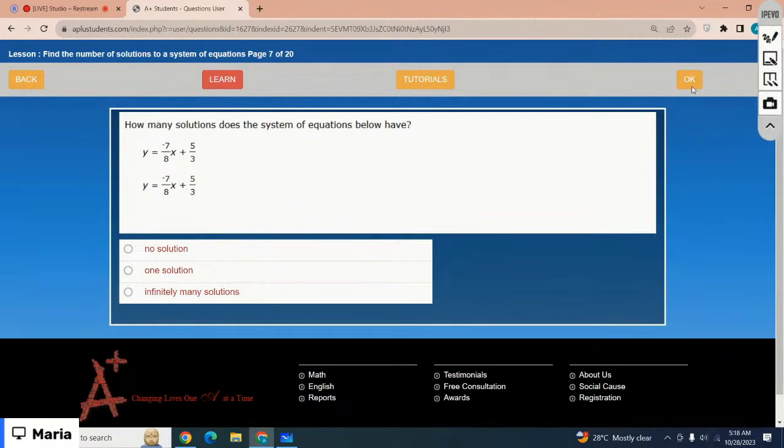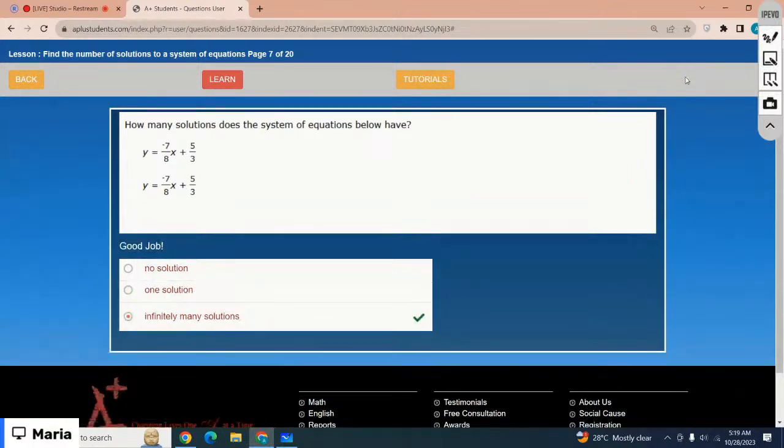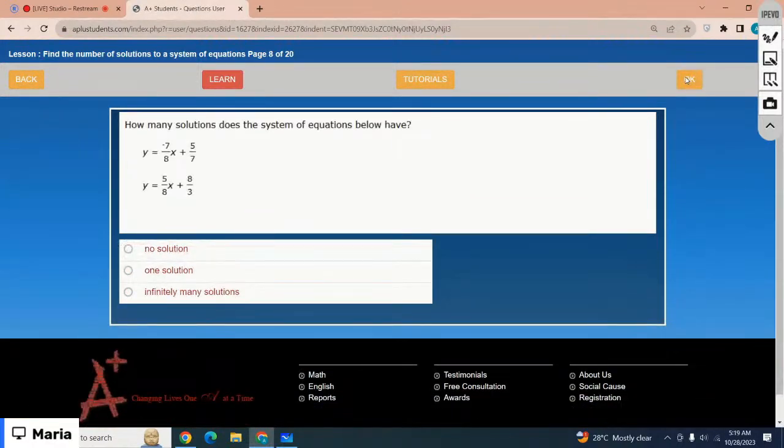Okay, how many solutions does the system of equations below have? Both the equations are identical, right? That means they have infinitely many solutions. How many solutions does the system of equations below have? Which is the correct option?